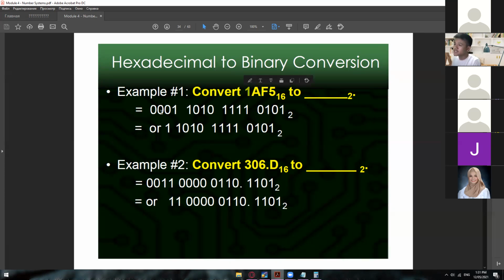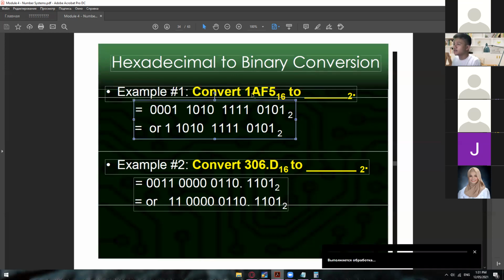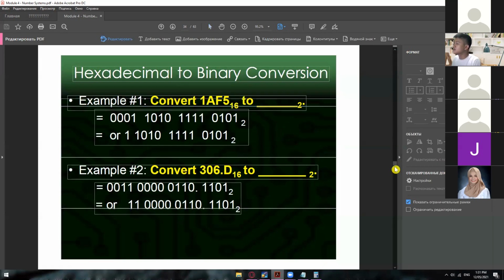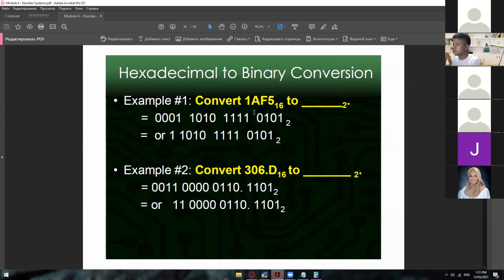So 1 is 0001. And then A right here is 10, so you need 8 and then 2. So it's 1010. And then F is, of course, 15, which is 1111, so 8 plus 4 plus 2 plus 1 is equal to 15. And then 5 is 0101, or 4 plus 1.